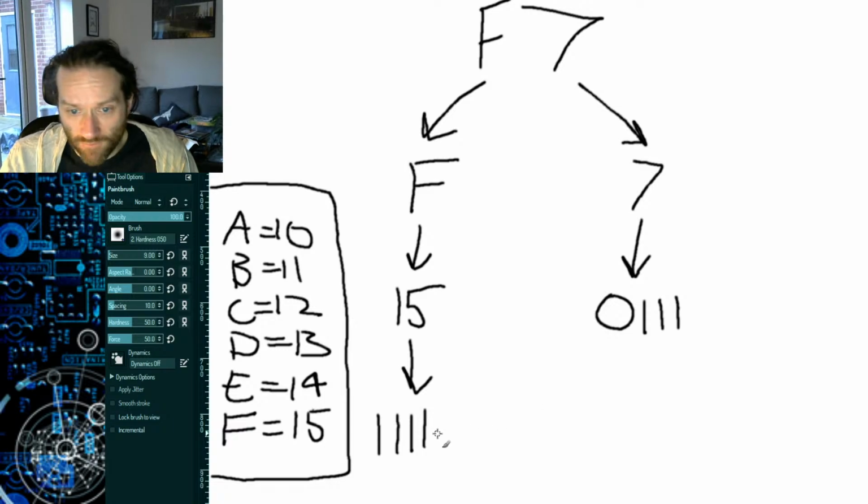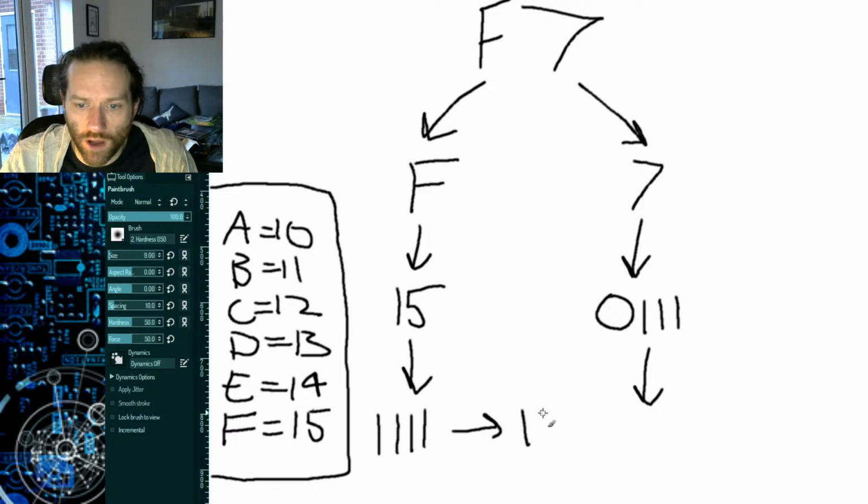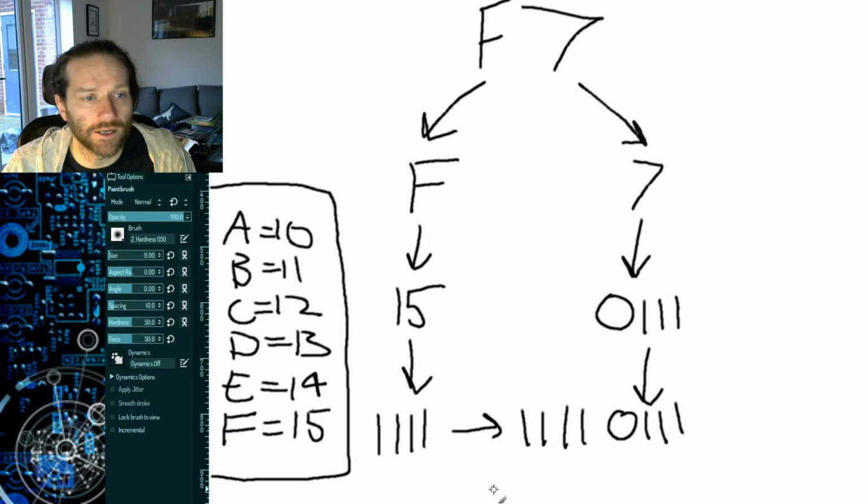Once I've worked out both of those, I can just, like before, join them together to give 1, 1, 1, 1, 0, 1, 1, 1. And that's our final answer. That really is all there is to it. Super duper easy, right?